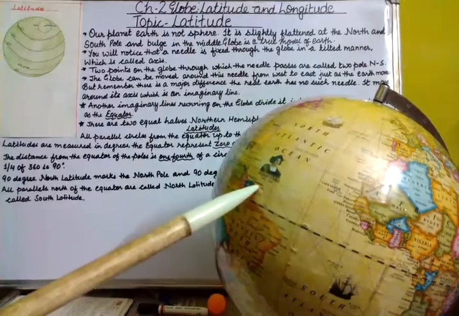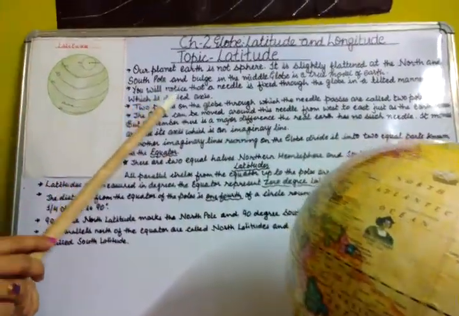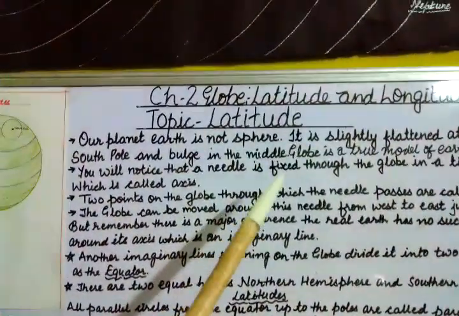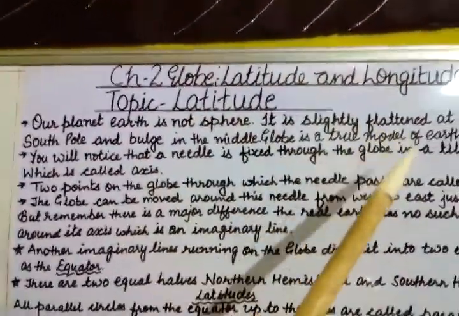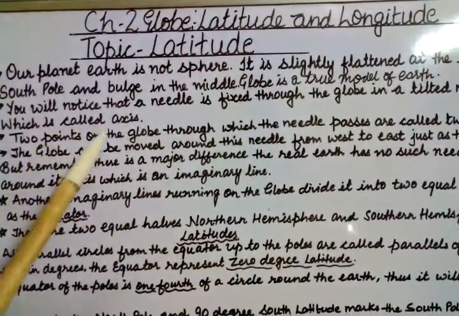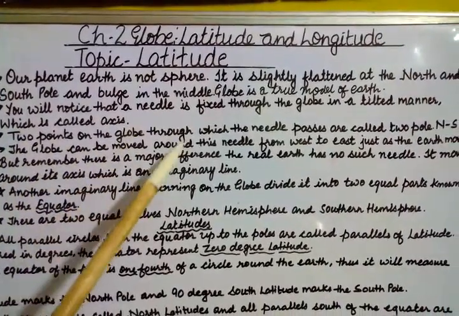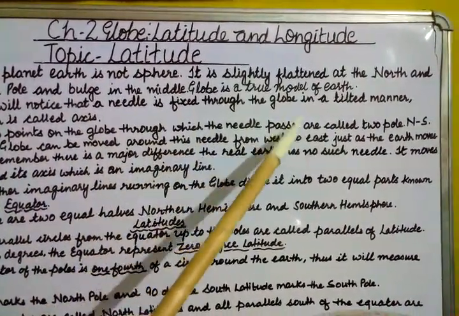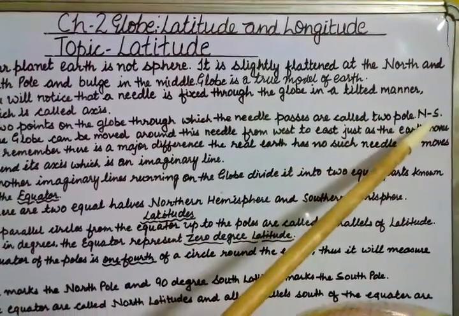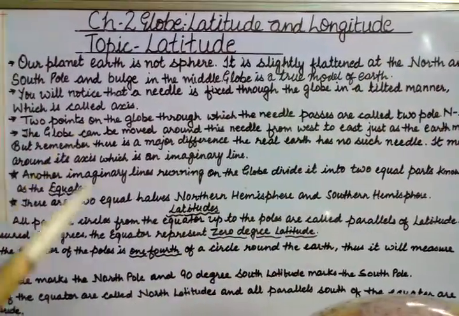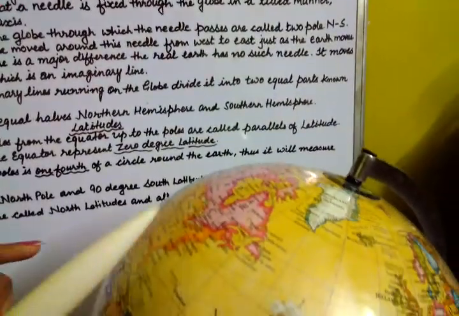Okay. You will notice that a needle is affixed through the globe in a tilted manner, which is called an axis. The two points on the globe through which the needle passes are called the two poles, the North Pole and the South Pole. Now, see it here, students.